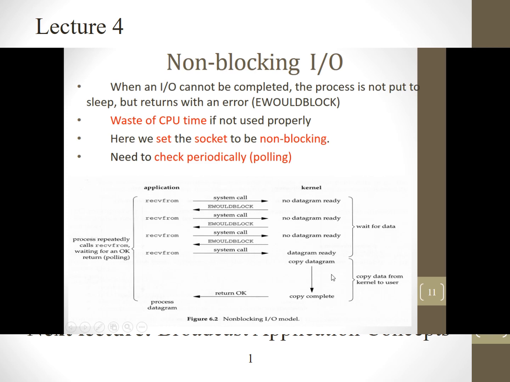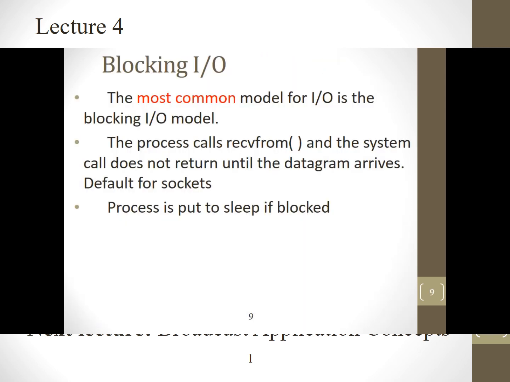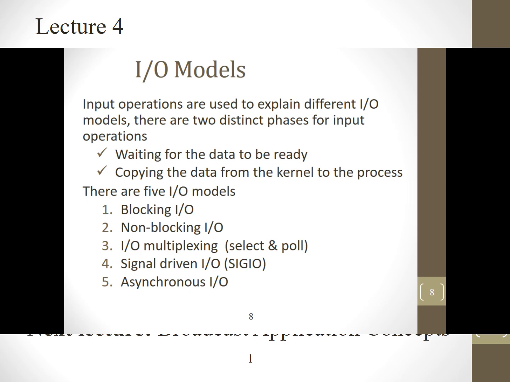So let's keep in mind the two phases: waiting for the data to be ready and then copying the data from the kernel to the process. These two distinct phases apply to all five IO models, and we'll be looking into the summary.